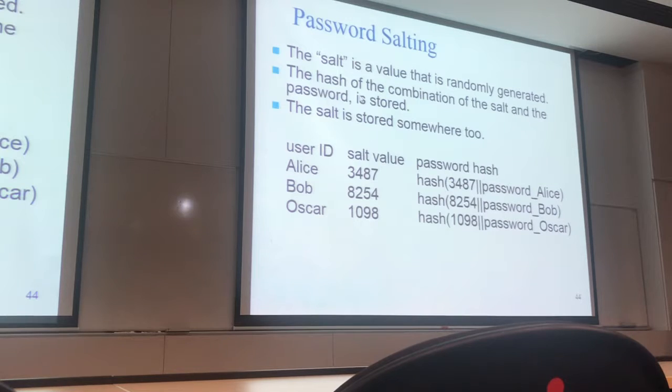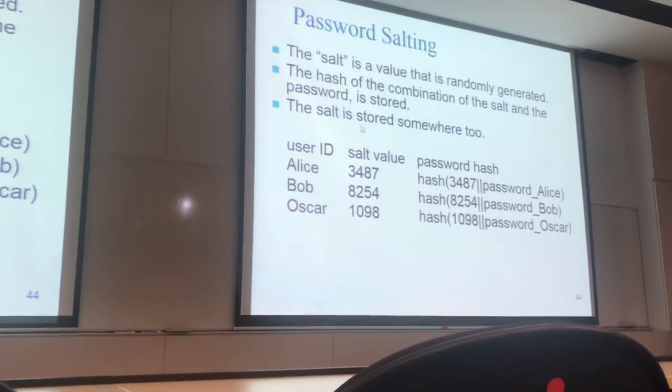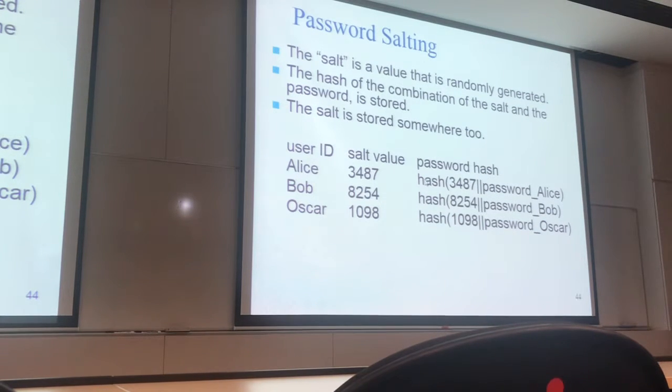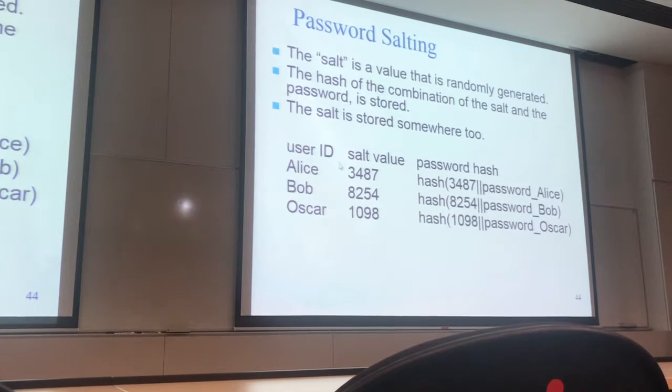Then it will take the input you typed as a password and concatenate it with the salt value. So this is concatenation. Then you hash these two, and you compare whether the hash value is the same as the stored hash value. If they are the same, then the user will successfully log in. If they are different, then the user will be rejected. So this is how the Unix system performs user authentication using hashing and salting.